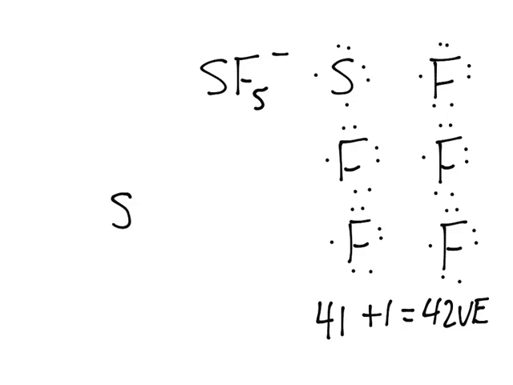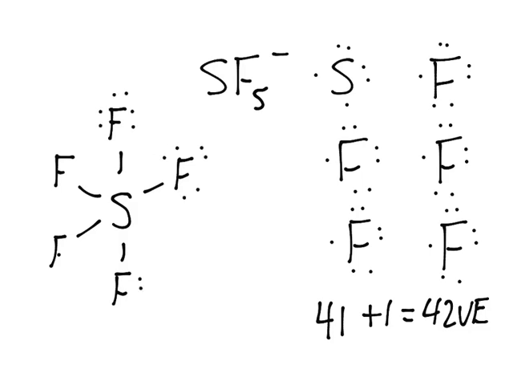So we'll just throw sulfur in the middle. Go ahead and attach the 5 fluorines to it. Give those fluorines their full octet of 8. All right, and we'll check our work.